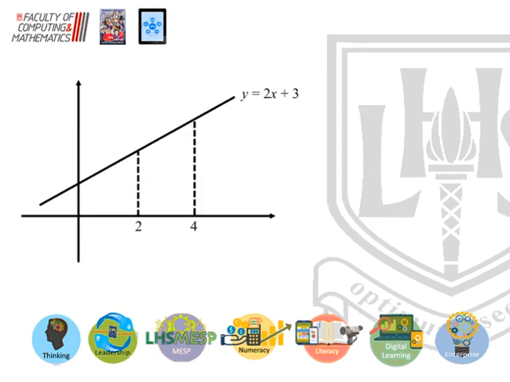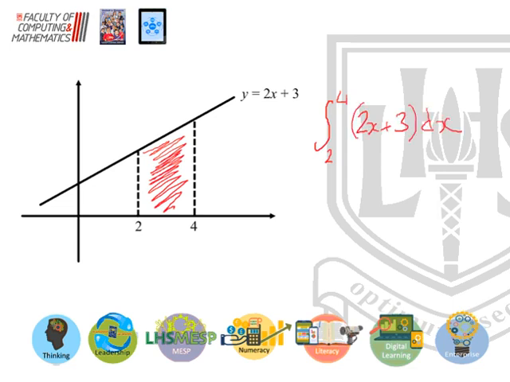Now here we have a line, a curve technically, a line y equals 2x plus 3. In class with a bit more time, we'll probably go into a big investigation on this, but what's very interesting is that the area you find here is exactly the same as the integral between those limits, between 2 and 4 of 2x plus 3 integrated with respect to x.